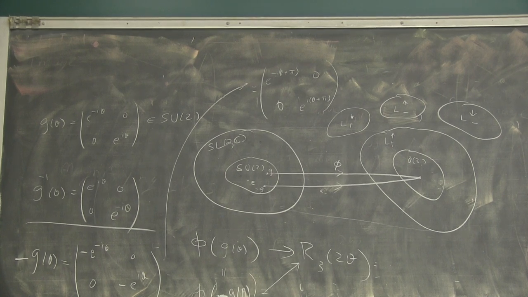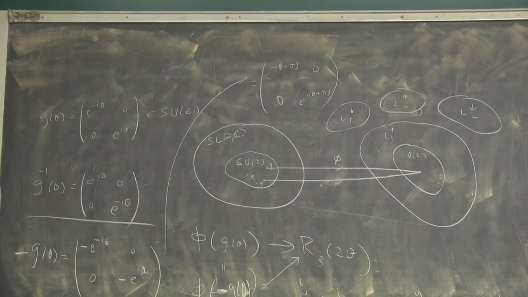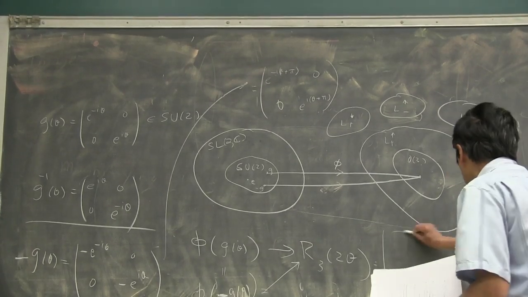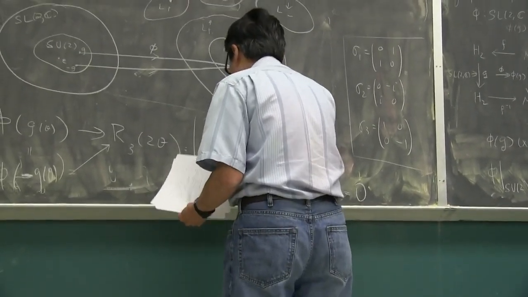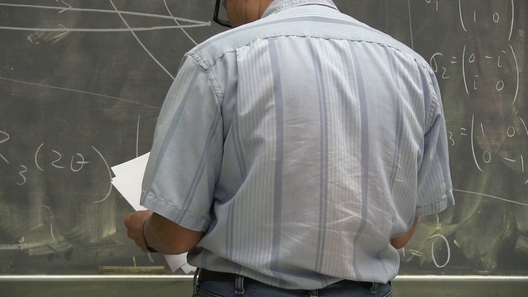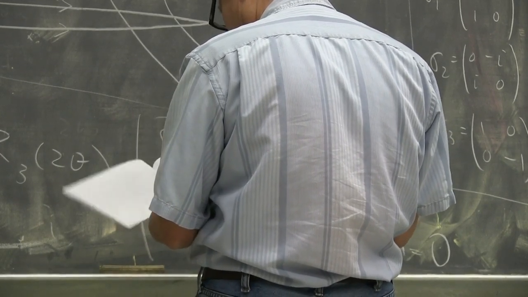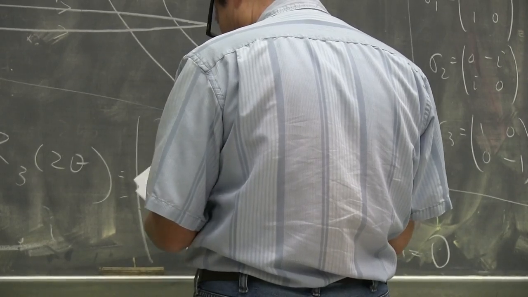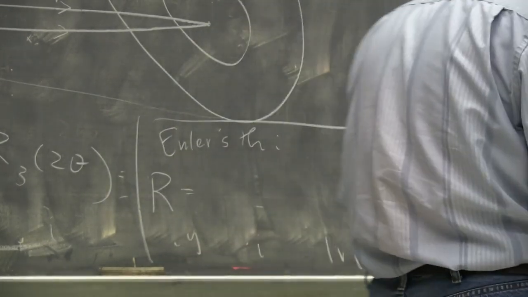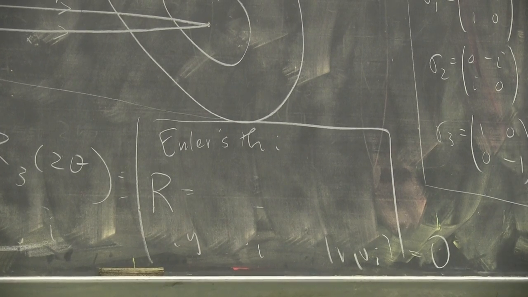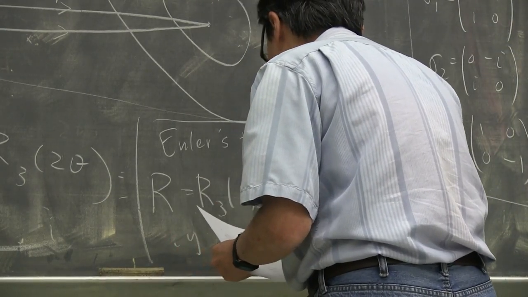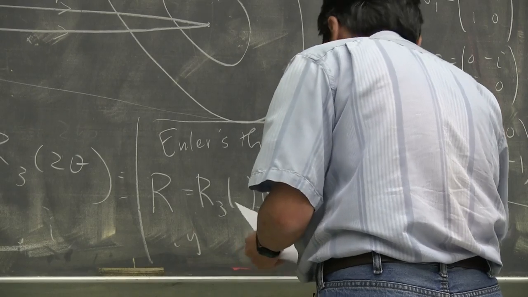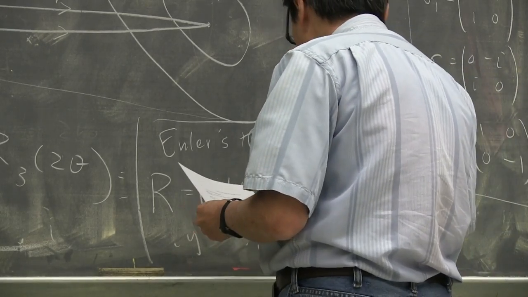Lost that page. Seem to have. Any general rotation can be written in terms of the so-called Euler angles, rotation angles, about, let's see, 3 in the order 3, 2, 3: rotation about the third axis, rotation about the second axis, rotation about the third axis, phi, theta, and psi.